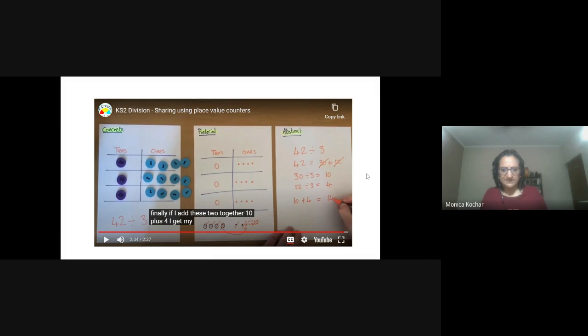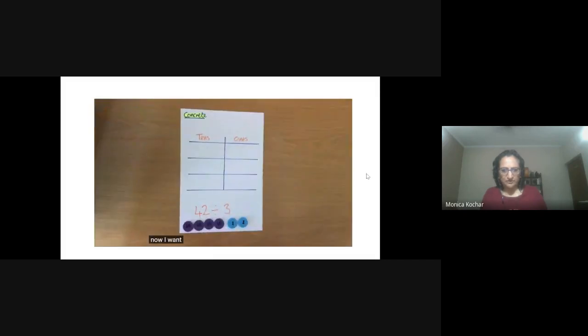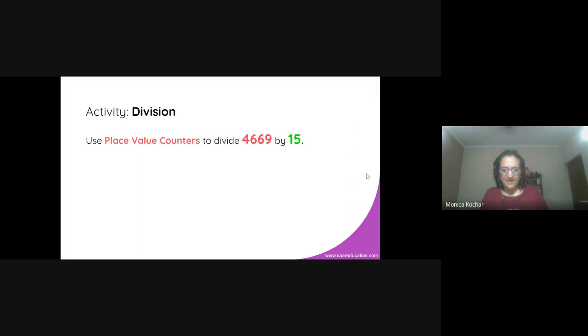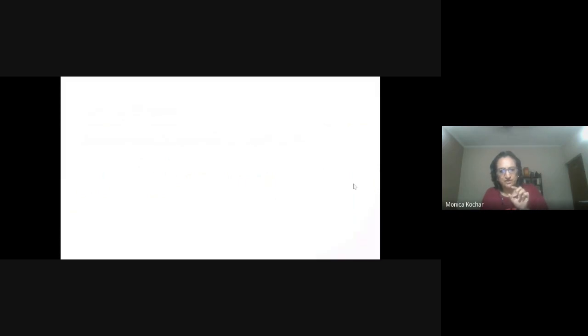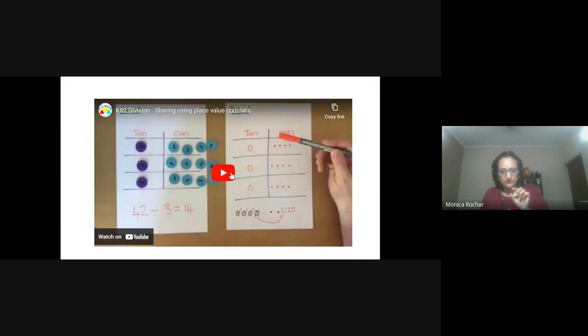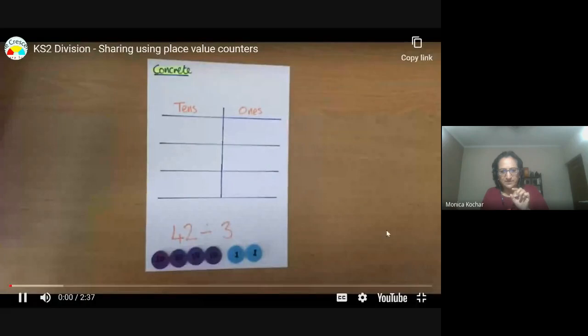So this is complete CPA for division. Now, place value counters, how CPA works is that you take smaller numbers and you divide and then ask the children to come to the pattern which the gentleman came to in the end.